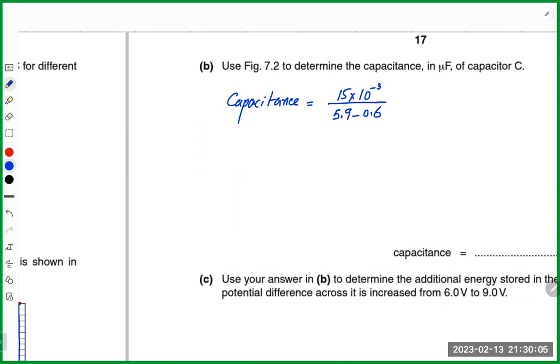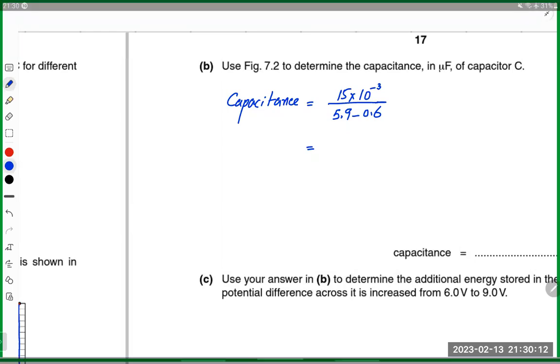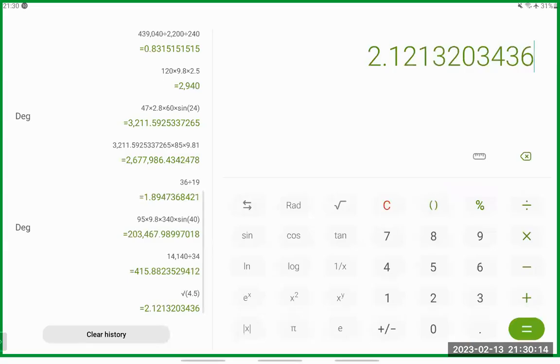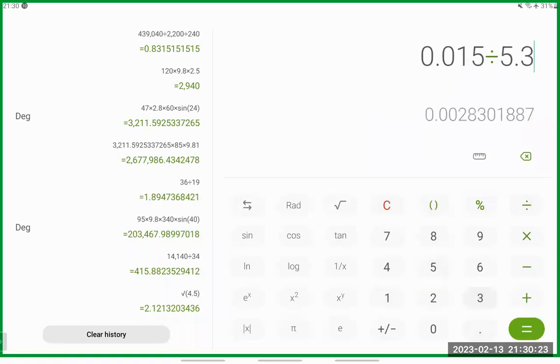So what will be the value? 0.015 divided by 5.3.